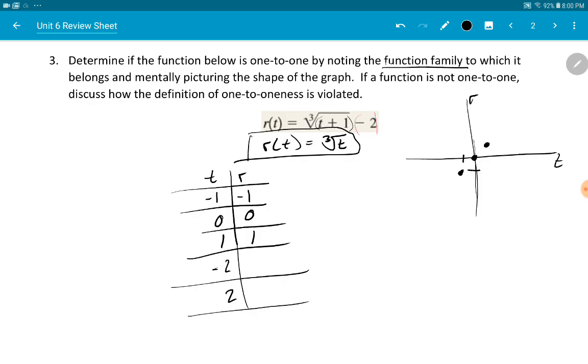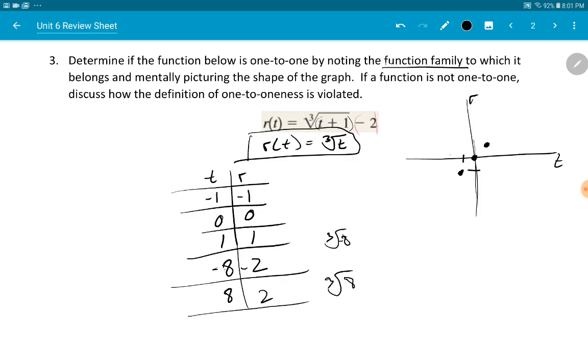Plug in a 2, that's not as easy, so let's do -8 and +8. Those are a little easier. When t equals 8, that's the cubed root of 8, which is 2. And the cubed root of -8 gives me -2. So I'm starting to see a pattern here.